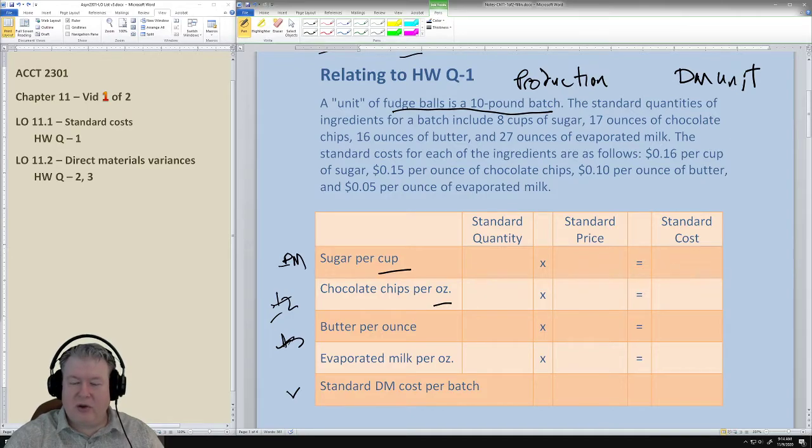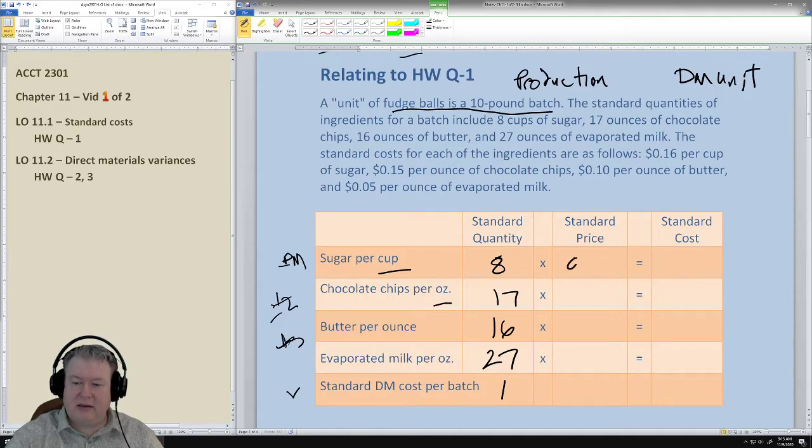So here, I'm not going to do them all, but I'll just run through. You see the standard quantities for each of these ingredients are to make one batch. So to make one batch, we need 8 cups, 17 ounces of this, 16 ounces of that, 27 ounces of this. And the price, they give that to you too.